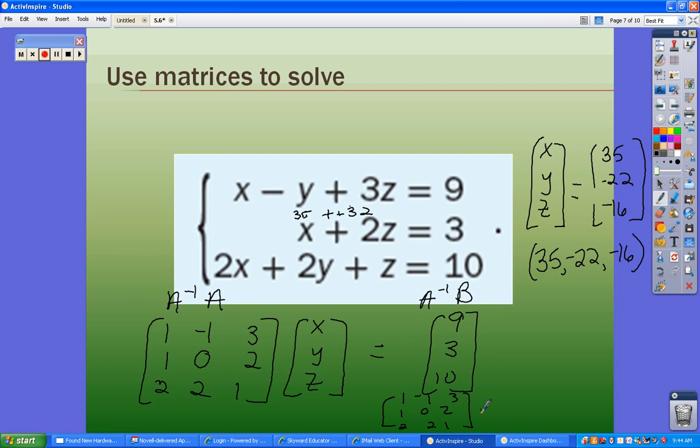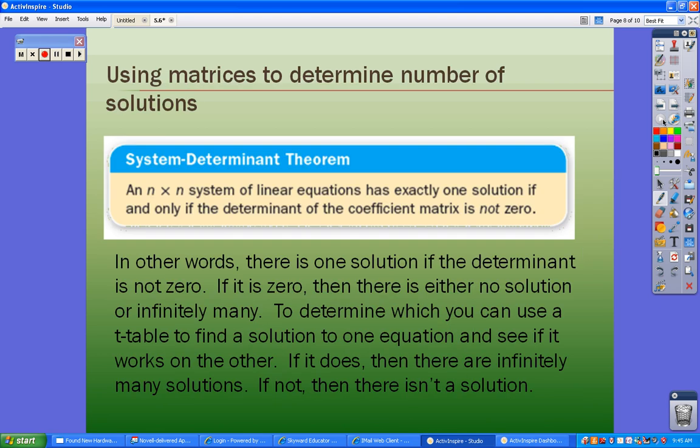Then you'll hit the caret key and type in negative 1, and that will take the inverse of that. Then insert another matrix, 9, 3, 10, and it should give you a response. If you're having any problems with your calculators, make sure you ask me tomorrow. So that's how we use our calculators to solve them.